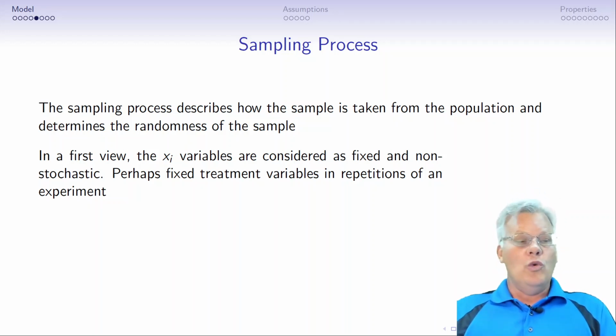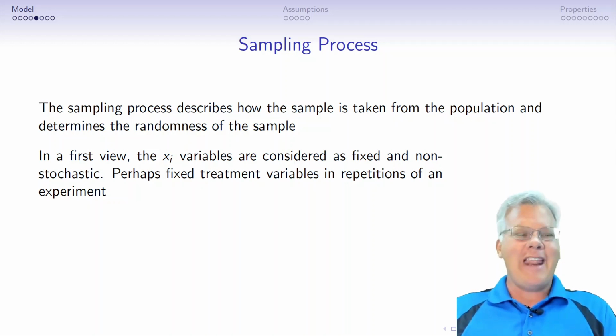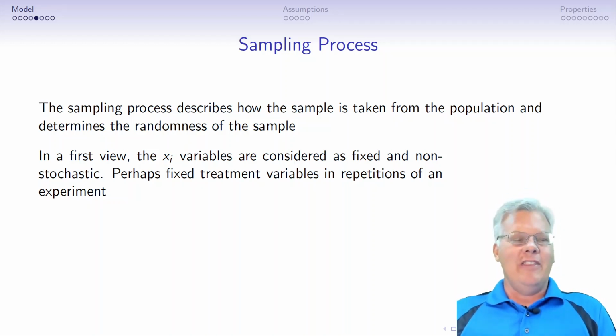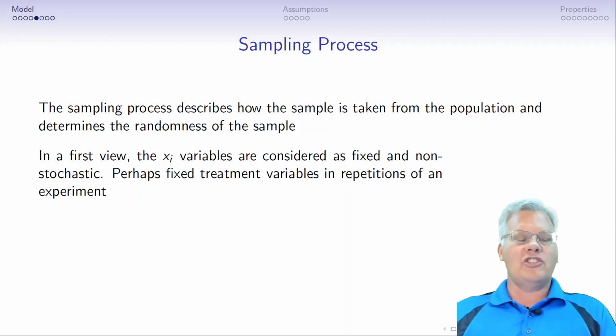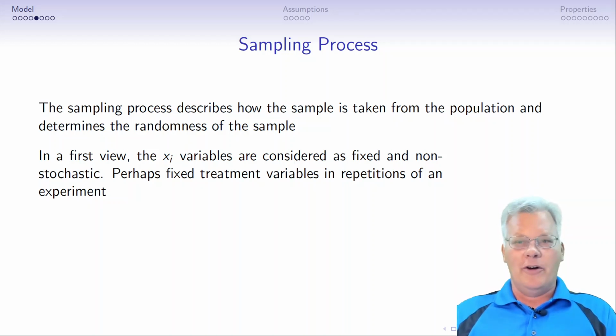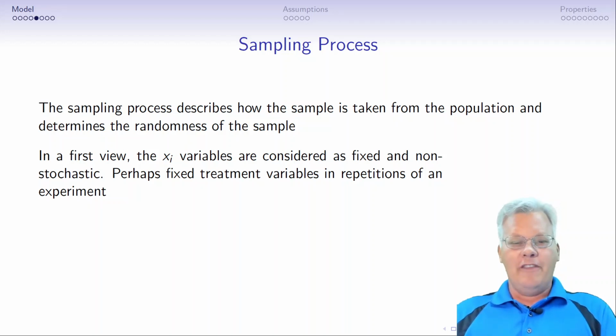The first view, the more mathematically simple view, is that these draws of x, these x sub i's, are considered fixed and non-stochastic. I know many of you, at least if you got your undergraduate degree at Baylor, used Gujarati's textbook. And Gujarati describes this first view of the x's being assumed fixed in repeated sampling.